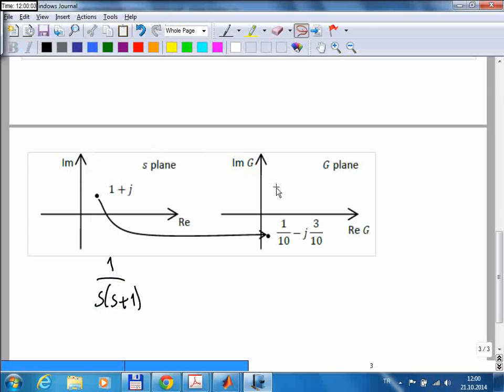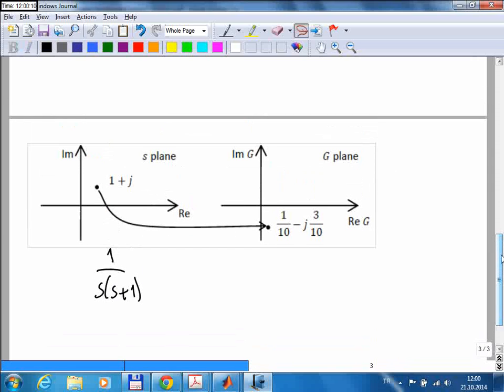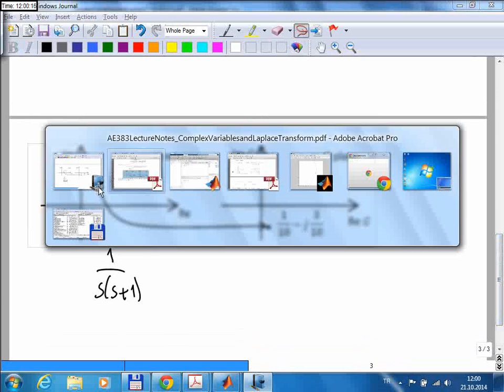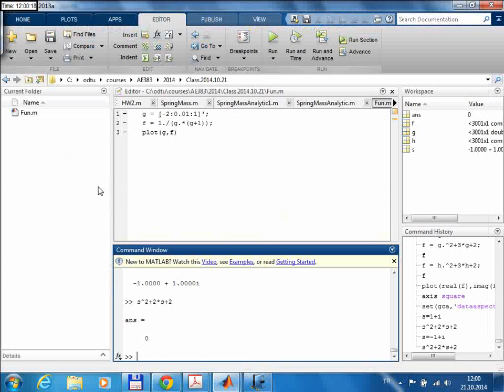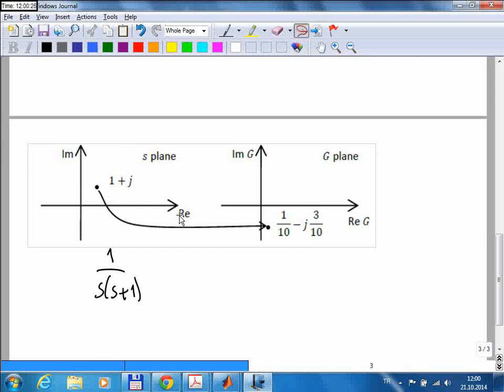Okay, so let me do some tricks. Since we have some additional time, let's use that time to use MATLAB to show these mappings. Let me show that in MATLAB. My original point is 1 plus j, and then I feed it to this function.